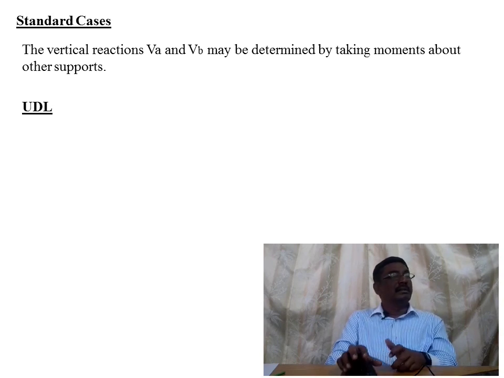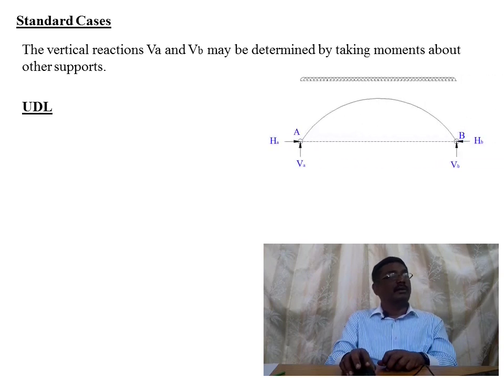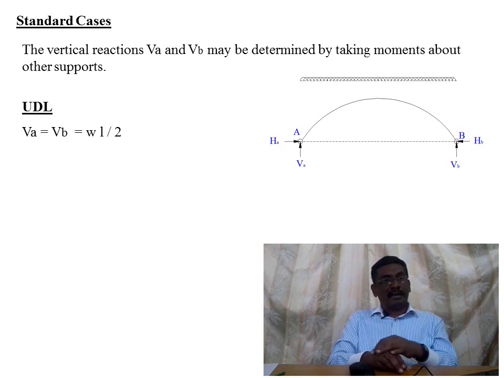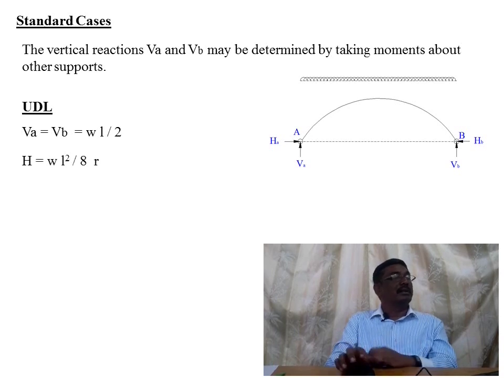The two-hinged arch subjected to UDL will be of this form, with the UDL at the top throughout the span. We can find the reaction as total load divided by 2. Total load is WL, and divided by 2 will be equal to VA and VB. The horizontal thrust may be calculated from the standard formula WL square by 8R, for the standard case of a two-hinged arch subjected to UDL.